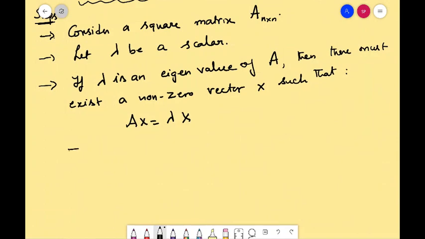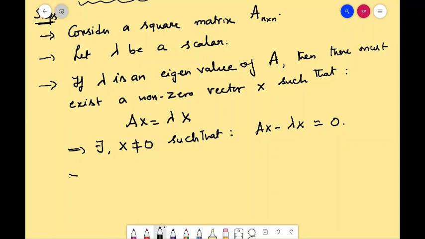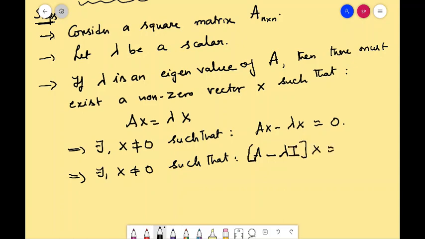That implies there exists x not equal to 0 such that Ax minus lambda x is equal to 0. That implies there exists x not equal to 0 such that (A minus lambda I) into x is equal to 0.